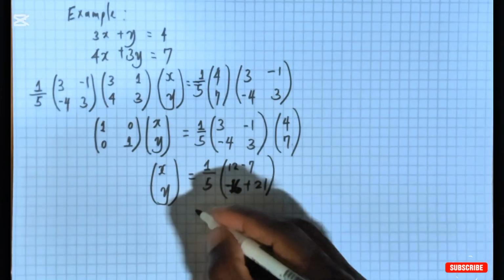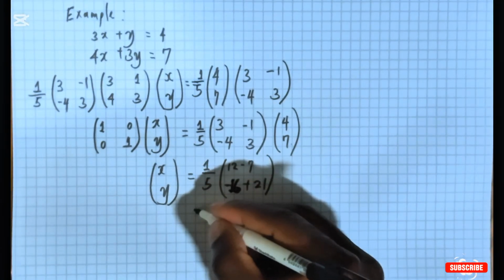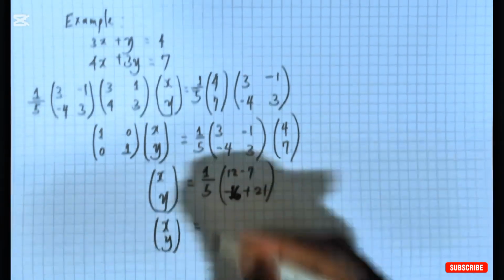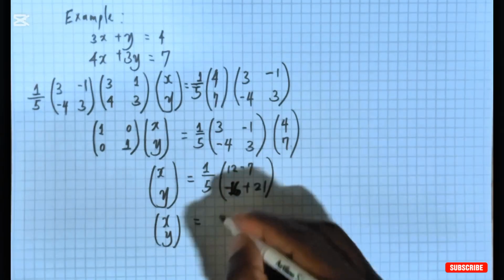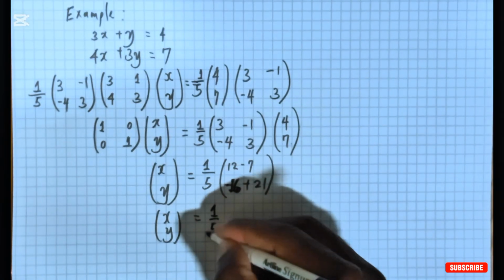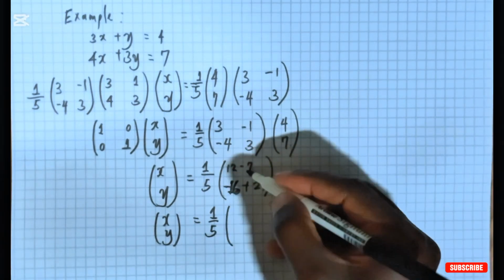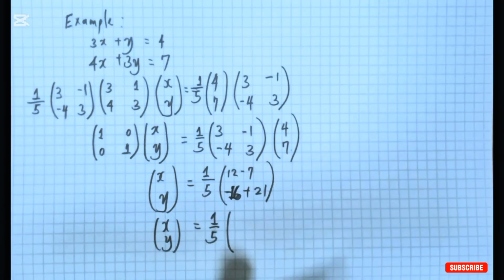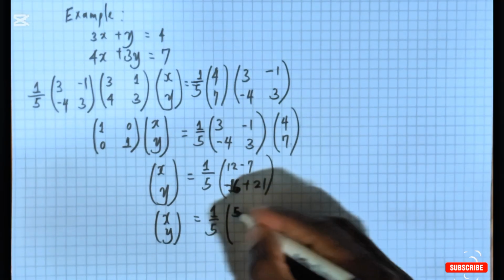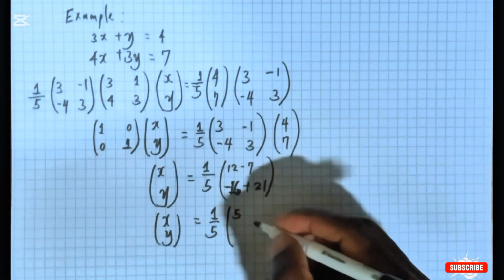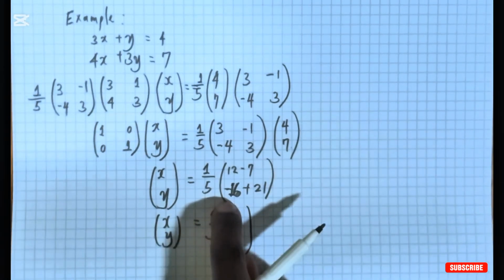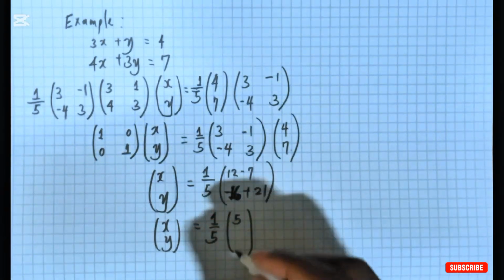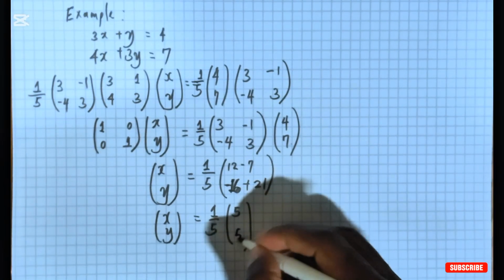So basically, we are going to get x, y being equal to 1 all over 5 into 12 minus 7, which will give us 5. And negative 16 plus 21 will give us 5 as well.